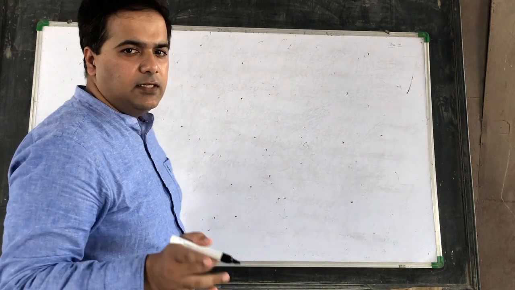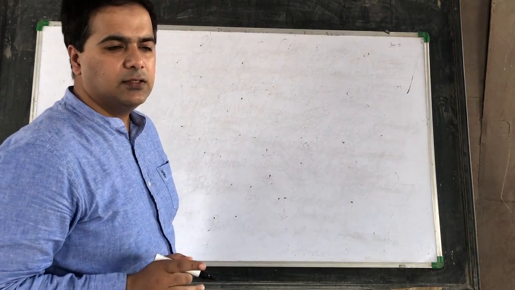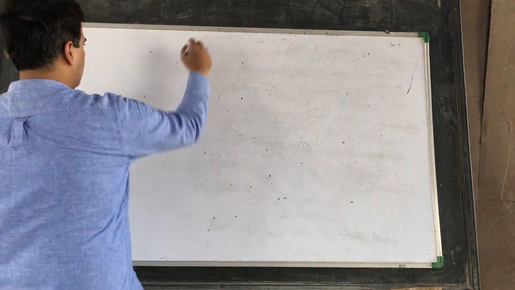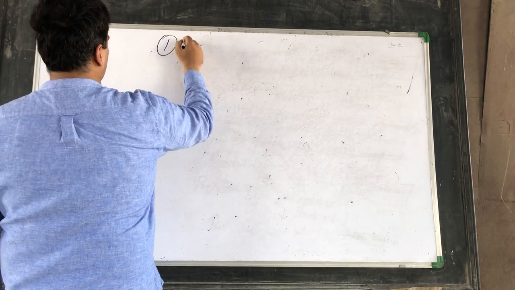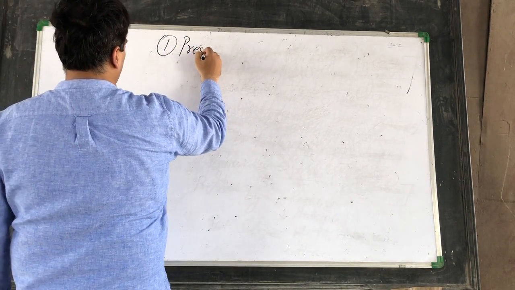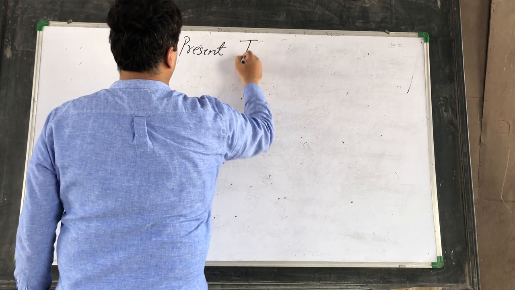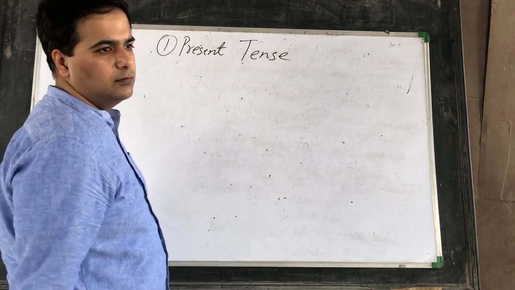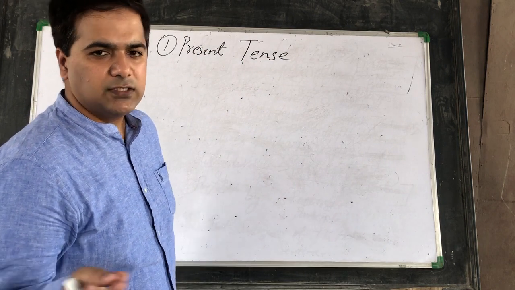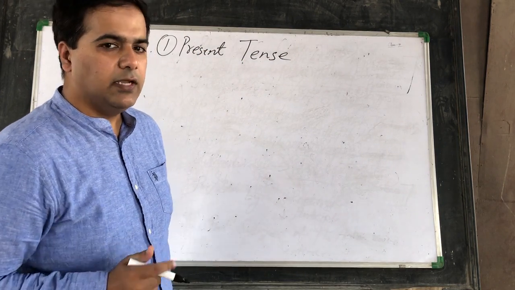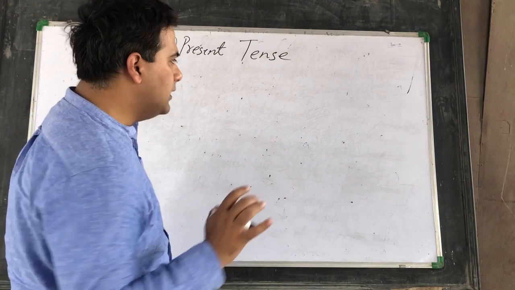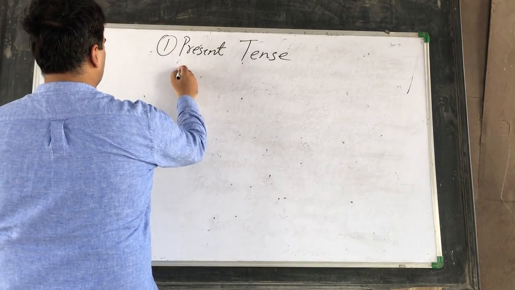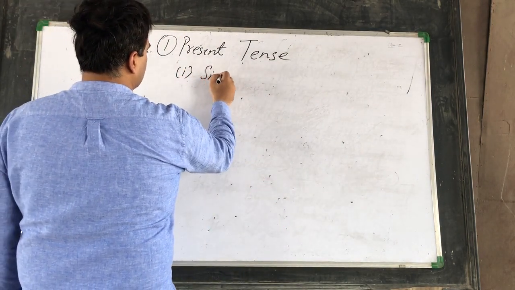So the first category is present tense, which is telling the action of the present. The first subcategory here is simple present.